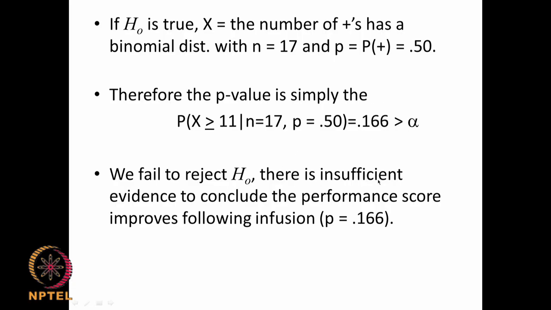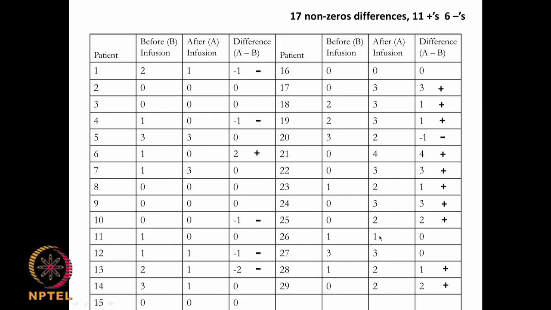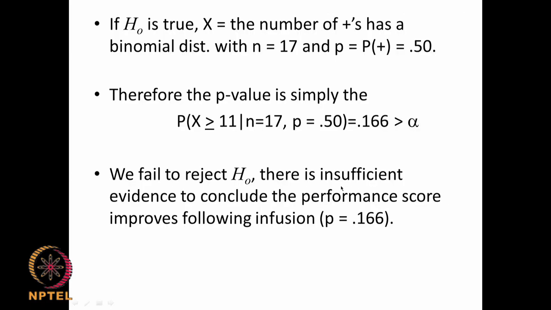So there is insufficient evidence to conclude. Although it looks like a lot of positives, 11 out of 17 with a p of 0.5 gives you a probability of 0.166. Obviously we cannot reject the null hypothesis. There is insufficient evidence to conclude the performance score.